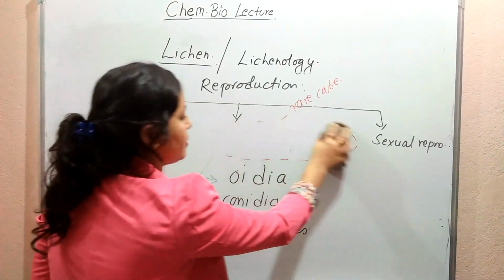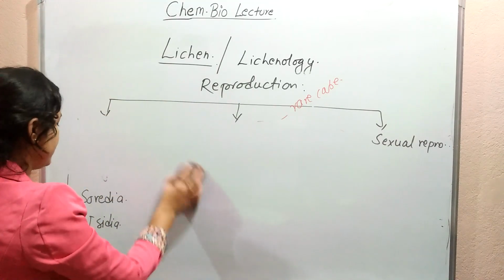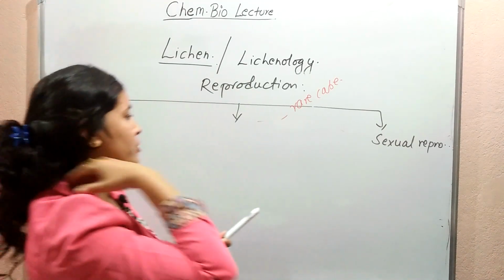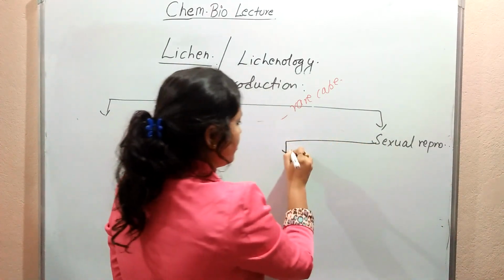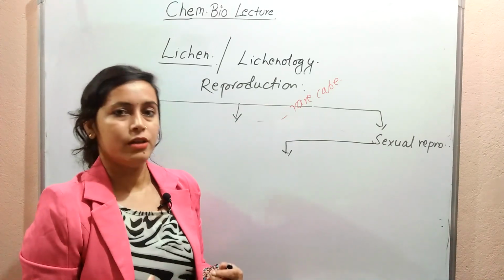Now let's see how sexual reproduction takes place. The role of sexual reproduction comes under the shoulder of what? The fungal component. It is all taken care of by the fungal component.